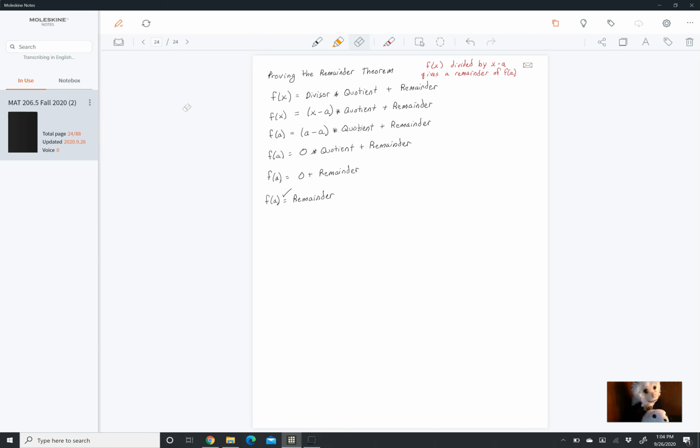So here, x minus a is the divisor. So we replace the divisor with x minus a. And here, we plugged in x equals a. And it didn't matter what the quotient comes out to be when you plug in x equals a, because 0 times whatever it comes out to be is 0. So we proved the remainder theorem. F of a is always going to equal the remainder. Okay, that's it for today.